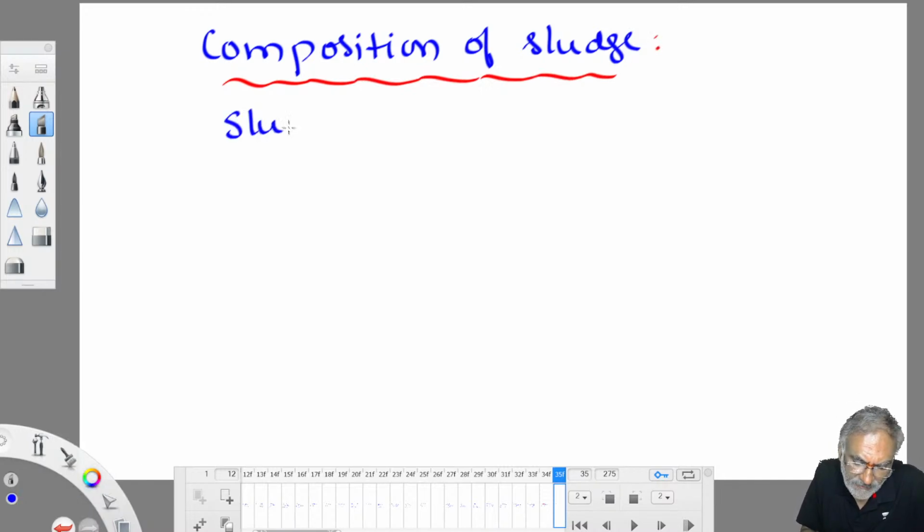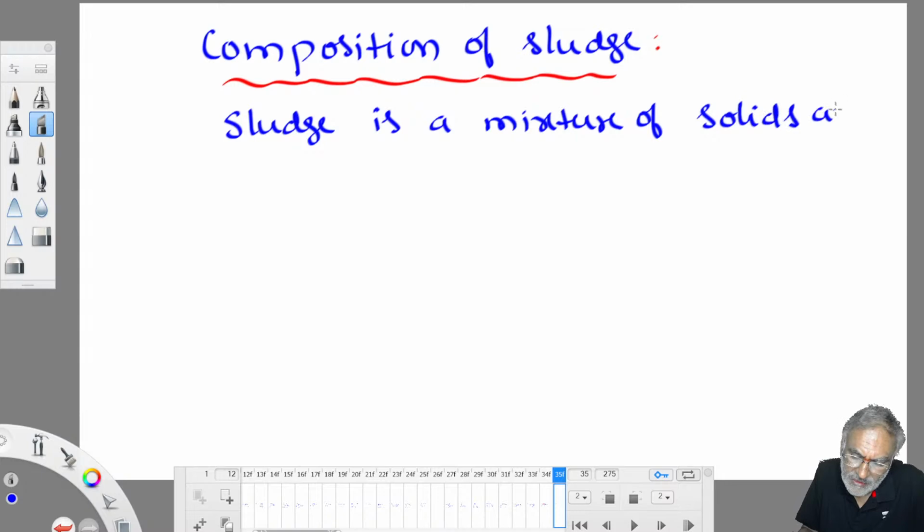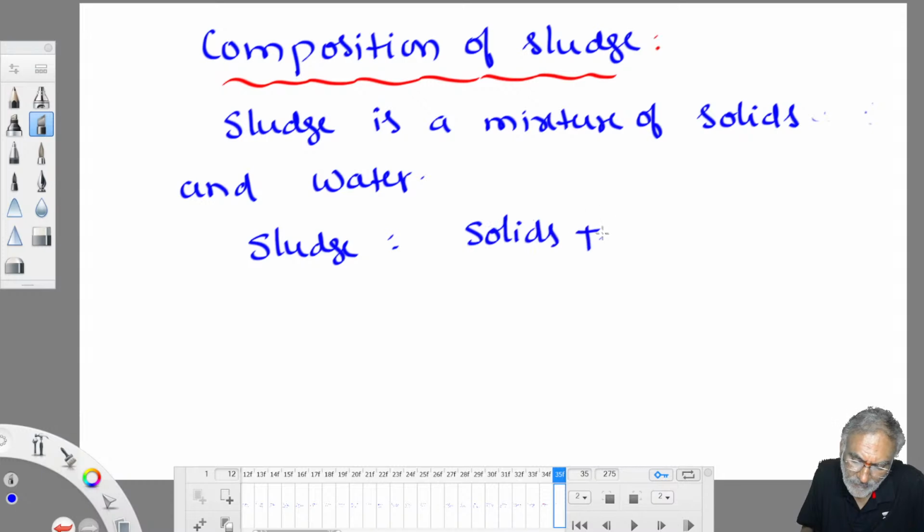So sludge is composed of solids and water. Solids plus water. Still, water is there in sludge, but not like wastewater.